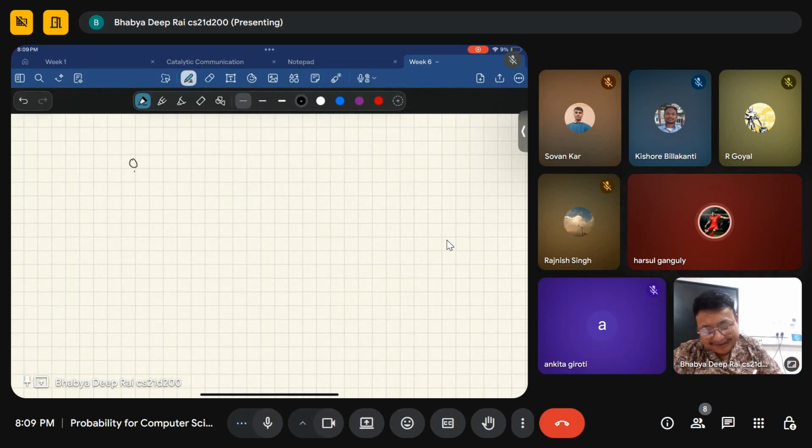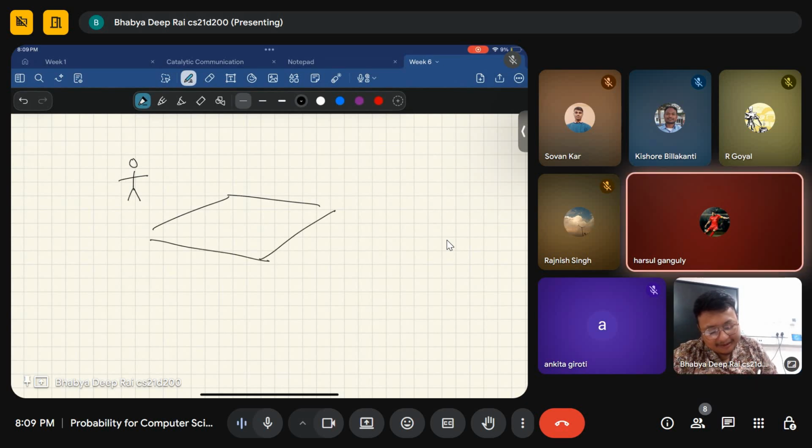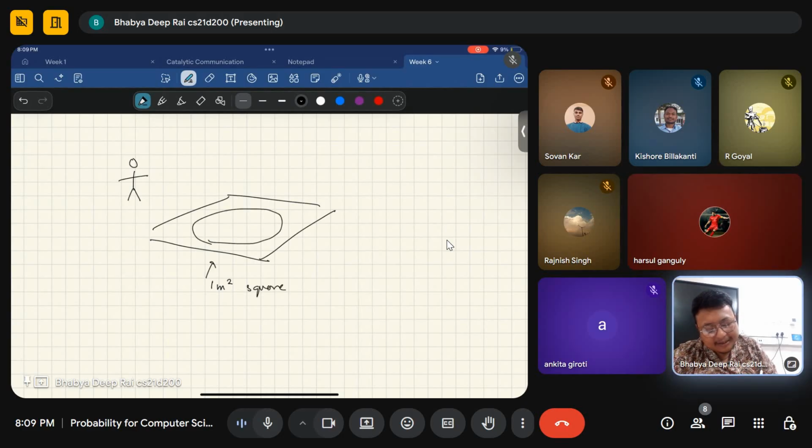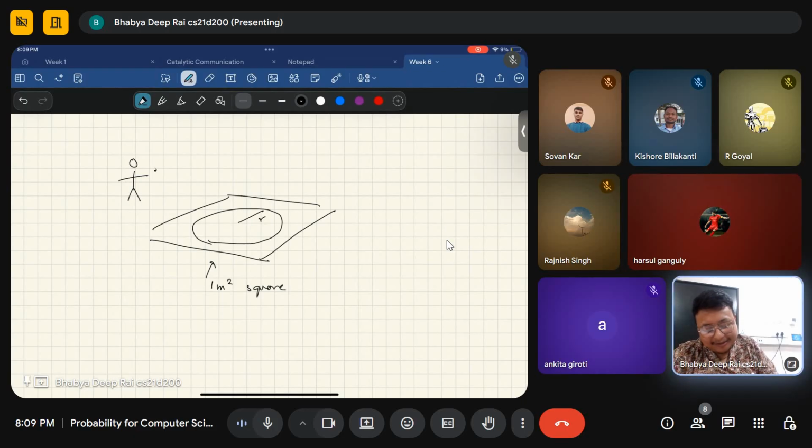You can stand, draw a 1 meter by 1 meter square and draw a circle of radius r, and then you can start throwing objects, right?